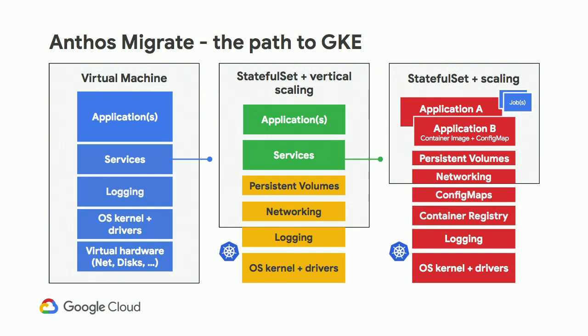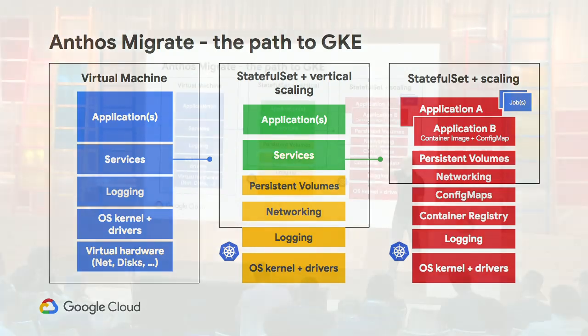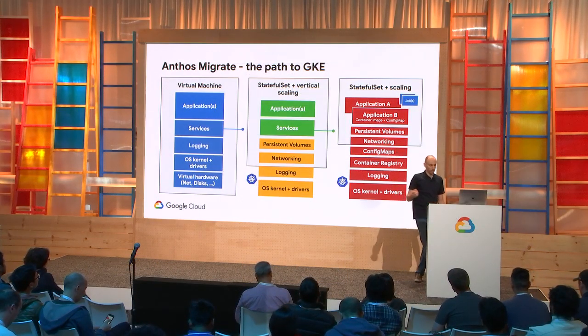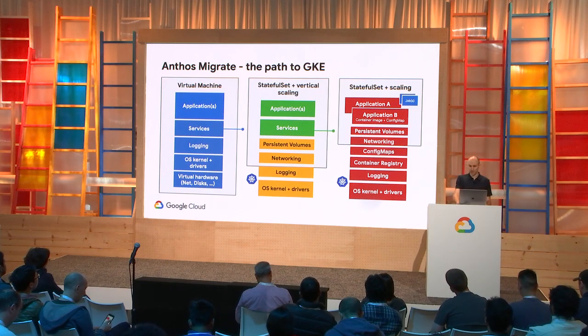Maybe some applications will be rewritten, some will be broken down into the application and the data, and maybe some applications will be left as is because you don't find it cost-effective to invest in them. This is the journey that we follow, and the beta will cover mostly this part, and this part will come in preview pretty much right after that.